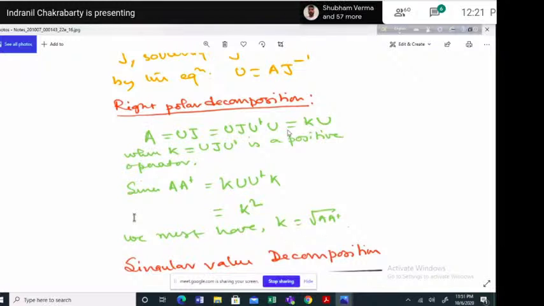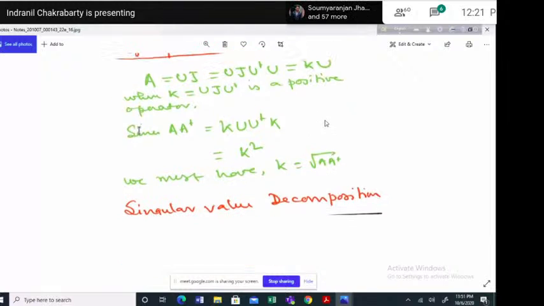So the right polar decomposition: A can always be written in the form KU, where K is nothing but root over A dagger A, right?